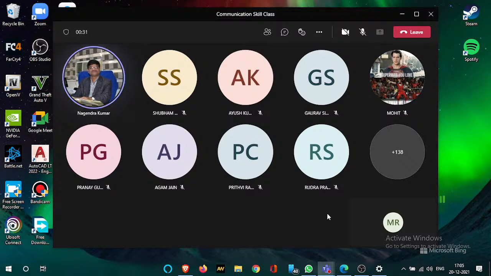I've been informed by Professor Smita Jha, the coordinator, that this arrangement of combining R and S batches will continue. So students from R batch will also join us for this class regularly.